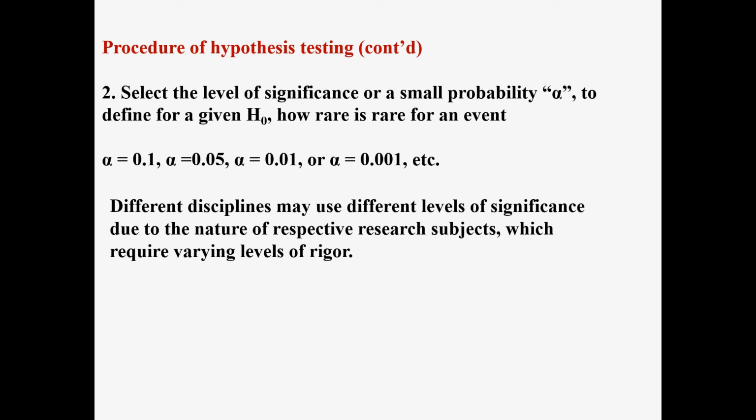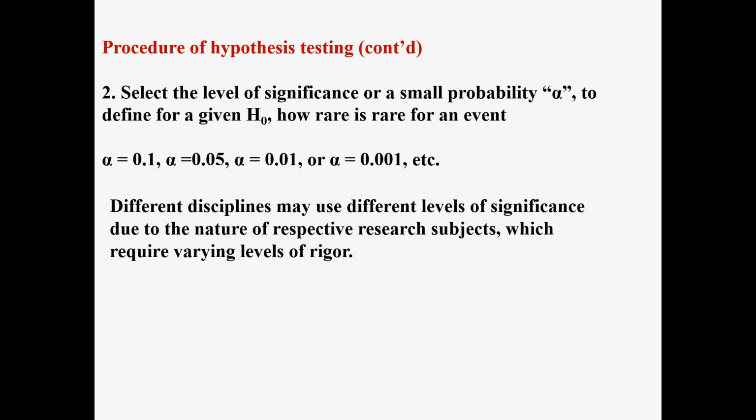We said in the past that if a sample mean proved to be a rare event for the given null hypothesis, we would reject the null hypothesis. The question is, how rare has to be rare? Is that 10%, 5%, 1%, or lower?